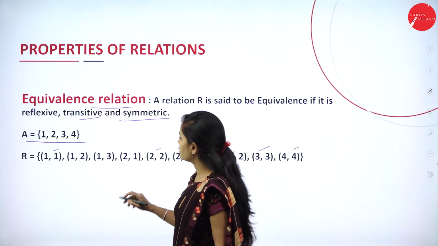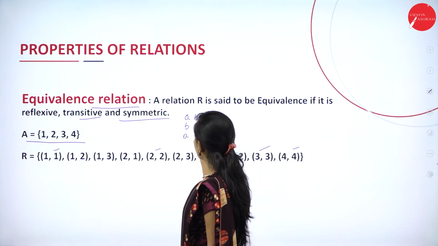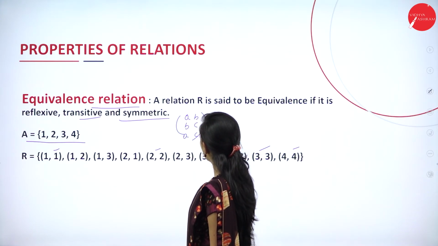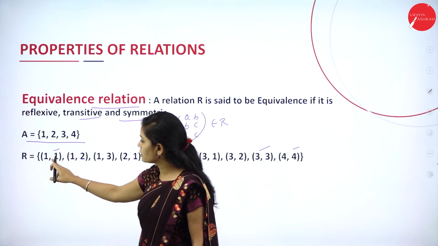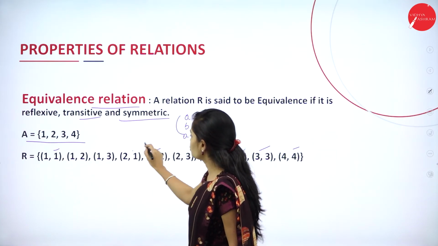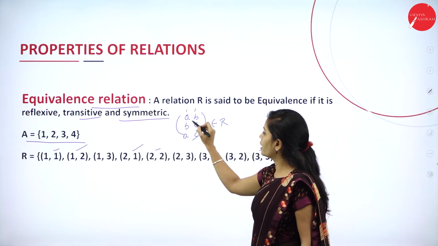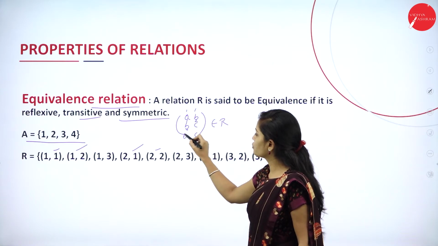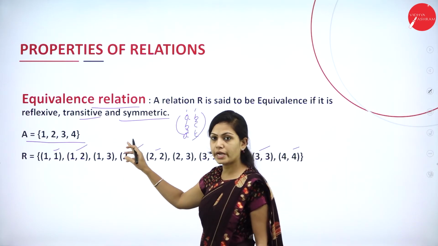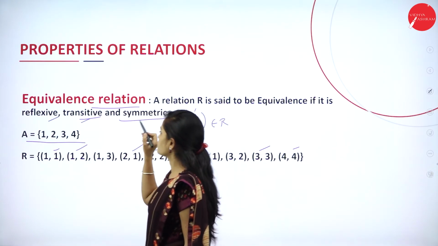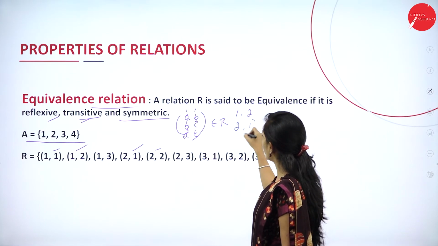And transitive. So what is transitive? (a,b), (b,c) and (a,c) belong to R. Here I have already told you about this: (1,1), (1,2) and (2,1) are there. So it satisfies transitive also. So it satisfied reflexive and transitive. Now what is symmetric? (1,2) is there and (2,1) is also there.